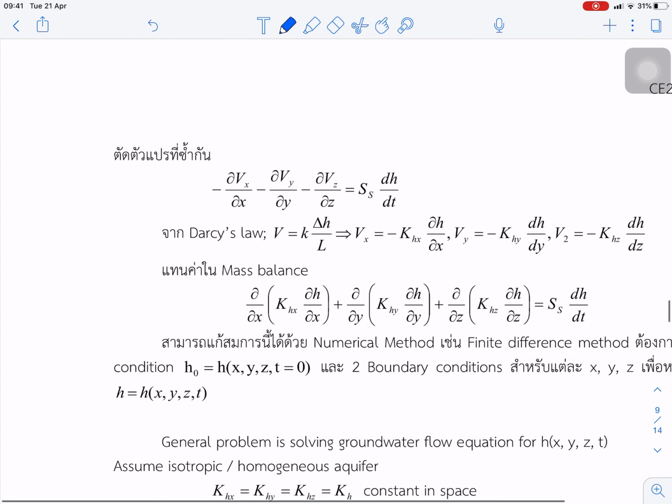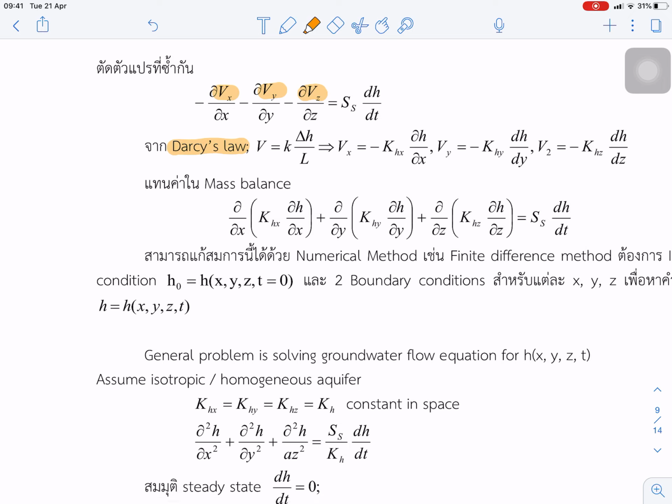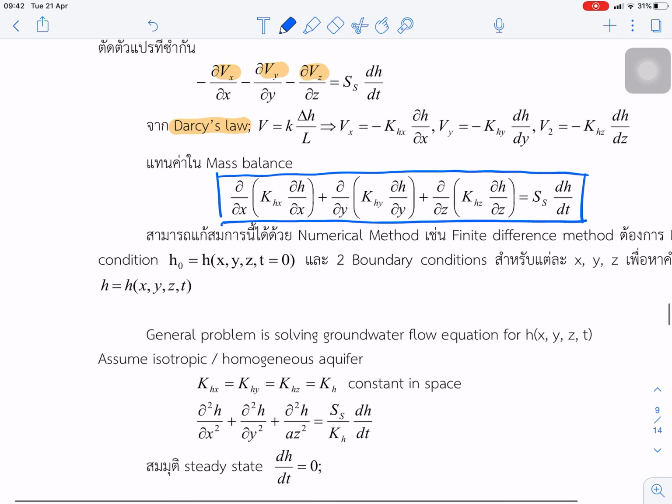We got this equation, and next we combine it with the Darcy velocity by substituting Vx, Vy, Vz in this equation, and finally we get this equation. It involves the second derivative of h.